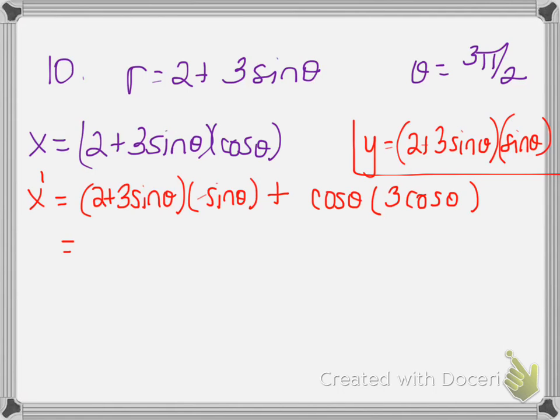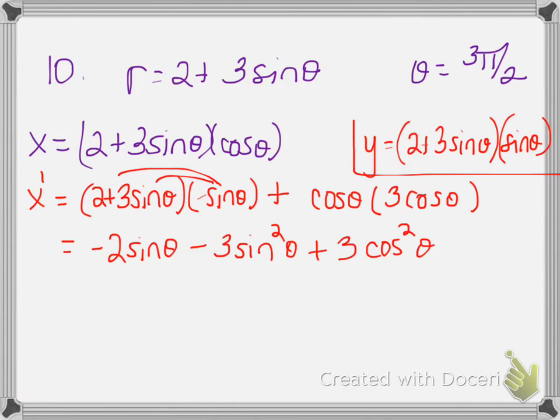Simplify it a little bit because it'll make it easier, and I'm going to distribute that right there. Negative 2 sine theta plus, actually be a negative, 3 sine squared of theta, and then multiply the next one, 3 cosine squared theta.